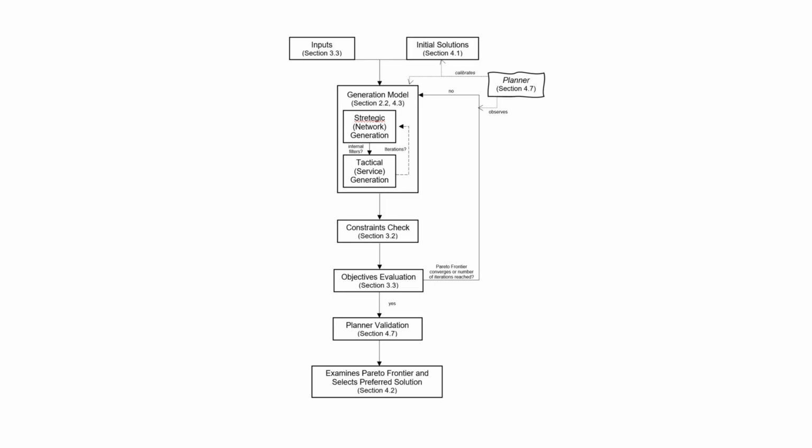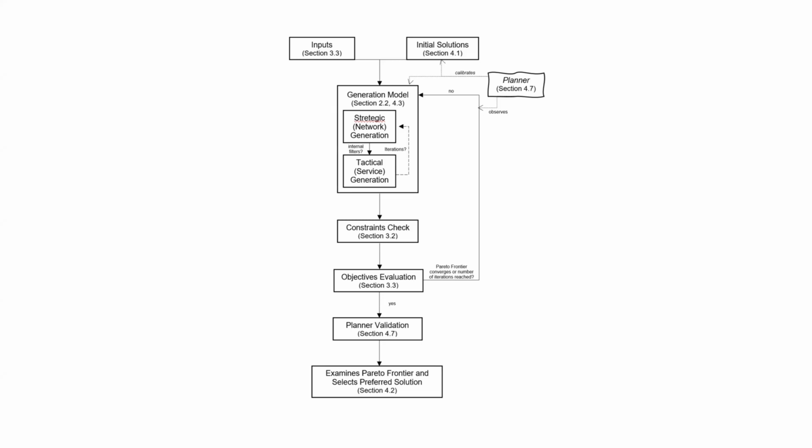You start from the input, given the initial solutions, and you come up with a generation model. In the generation model, there's a strategic part and also a tactical part. The strategic part is where you generate the network and feed it into the generation of your service, that is your frequency, and in some cases you might also consider short turns and stops and so on.